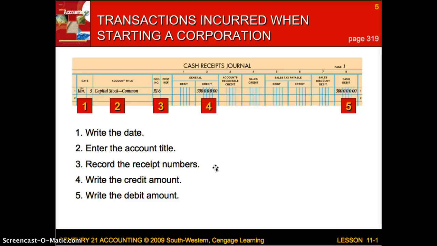The value is stated, so we know that it is $10 a share. We are receiving 30,000 shares, so that is $300,000 in cash we are receiving for common stock. So we are going to give our account title Capital Stock Common a $300,000 credit, a $300,000 cash debit, and we're using receipt 16.